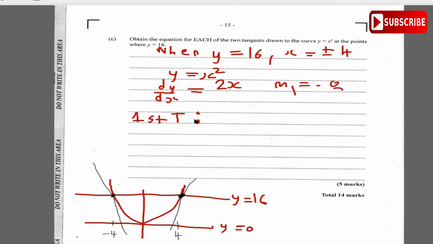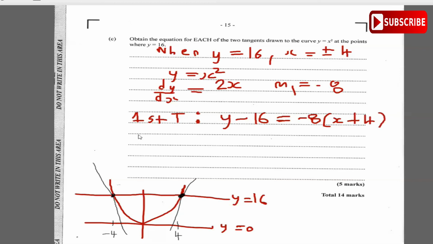So the equation of the first tangent is going to be y minus the y value of 16, that's equal to the gradient of the tangent, -8 times x minus x1. x1 in this case is -4, so it's x minus -4, which is x plus 4. So that's the first tangent.